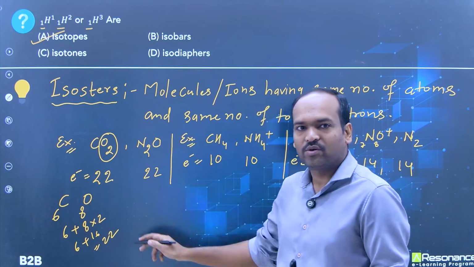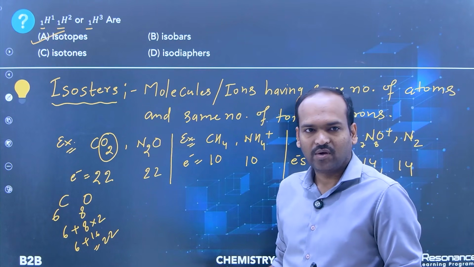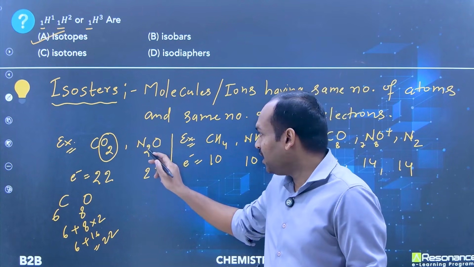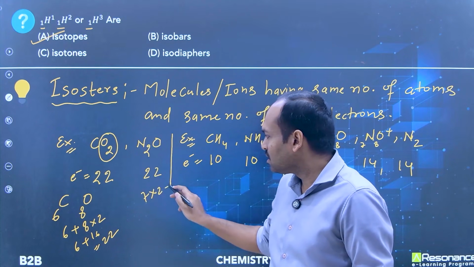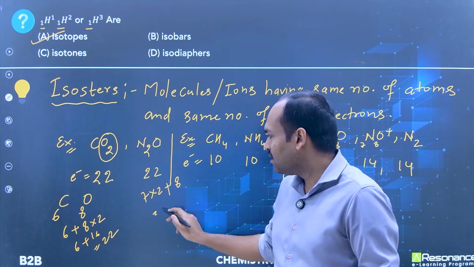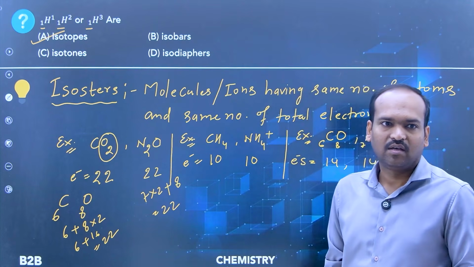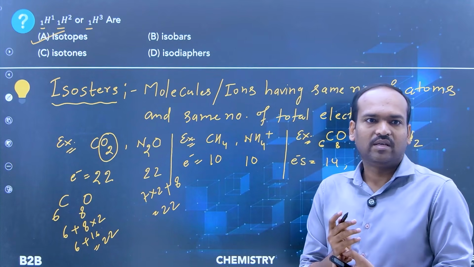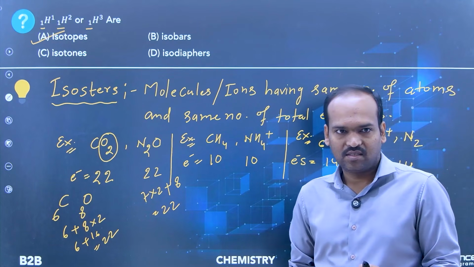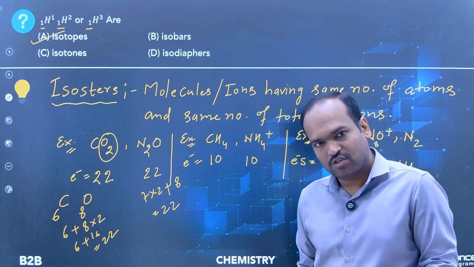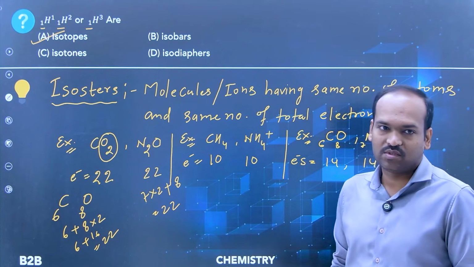So we have 22 electrons here. And N2O is 7 into 2 plus 8, 22. Examples clear? The definition: molecules or ions having the same number of atoms and the same number of electrons, they are isoelectronic.